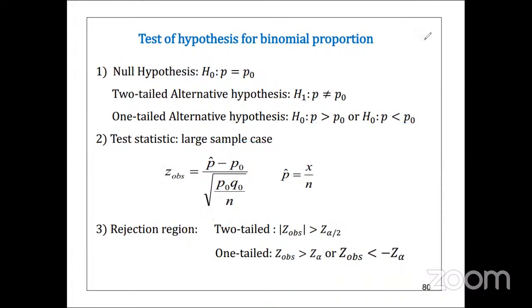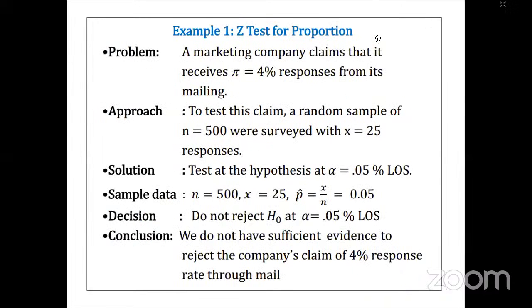Now let us have an example. A market research company claims that it receives 4% responses from its mailing. This is my hypothetical assertion. So what will be my approach? I want to test this claim.